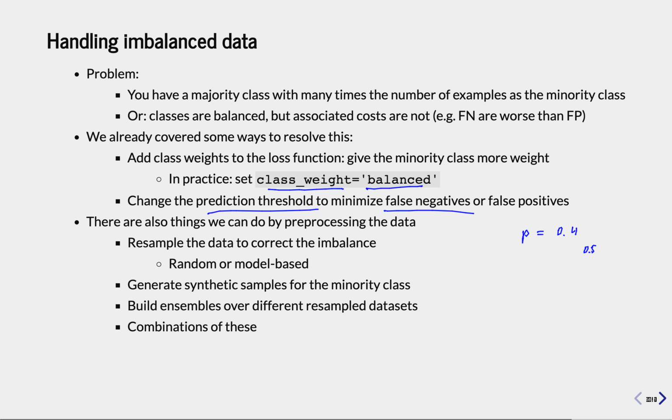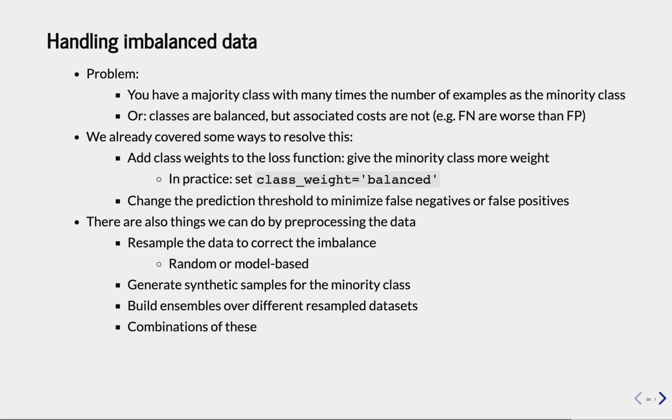If we put a normal threshold of 0.5, this will indeed be predicted negative, but we could reduce this threshold to 0.3, and then this point is predicted positive, right? So we don't have a false negative anymore. And so we can change this threshold, as we've seen before, to trade off false negatives for false positives.